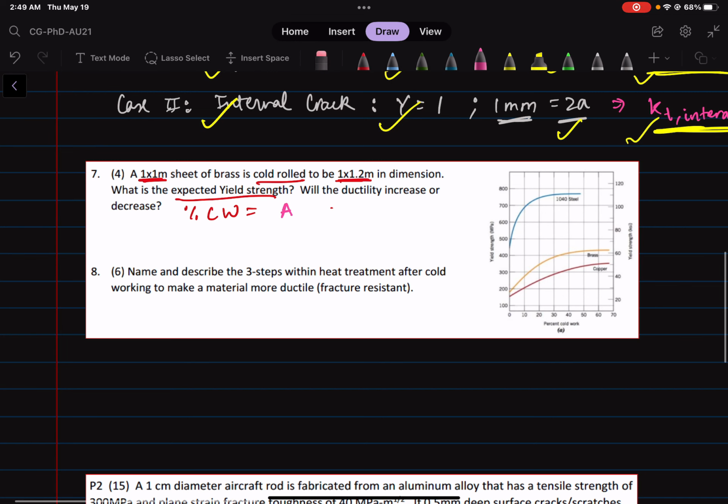That'll be area final minus area initial, divided by area initial, into 100%, right? So this will be 1 into 1.2 minus 1 into 1, divided by 1 into 1, into 100%. So that will be basically 1.2 minus 1 is 0.2, so that will be 20% cold work.